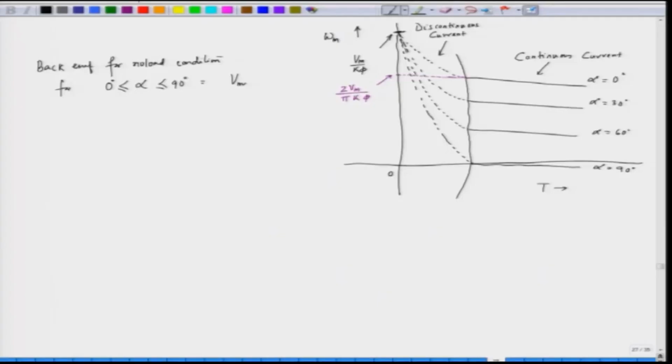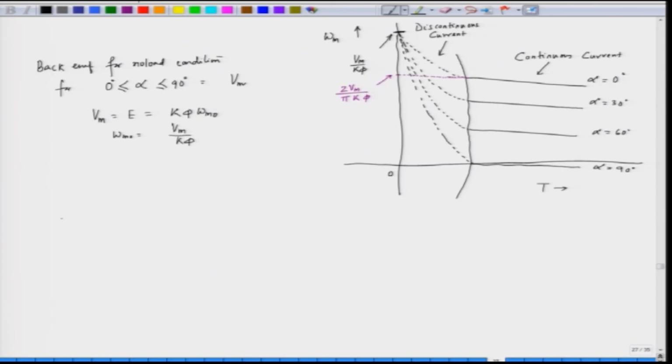So, when the back EMF is the peak of the supply voltage, V m is equal to E, which is equal to k phi omega m naught, the no load speed. So, what is the no load speed here? That is equal to V m by k phi.